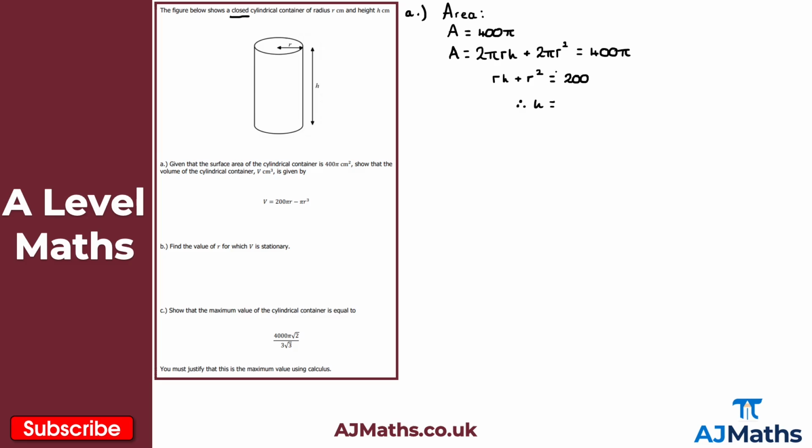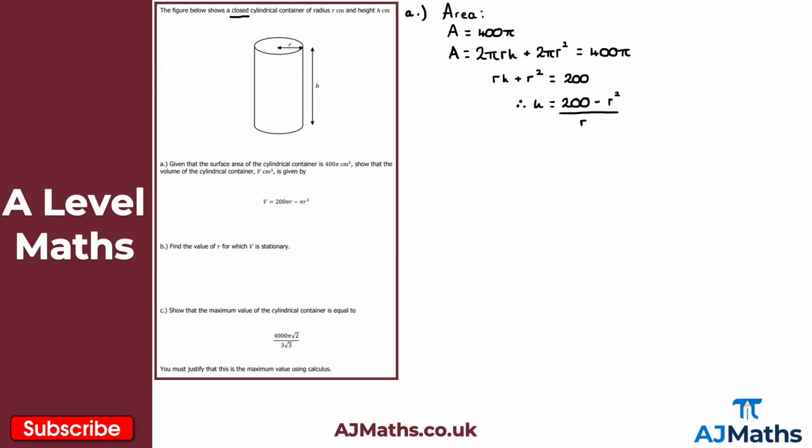In that case, then we get that h is equal to 200 minus r squared, and that's all over r there, sorry. So not rh, just r. So let me just erase that, sorry. There we go. So 200 minus r squared over r there. And again, it'll become clear in a moment why we've rearranged it such that h is the subject.